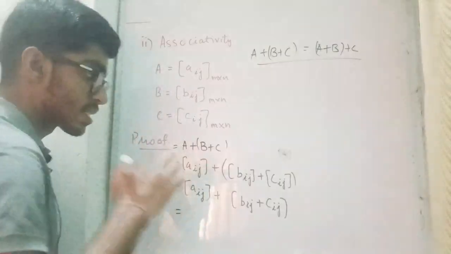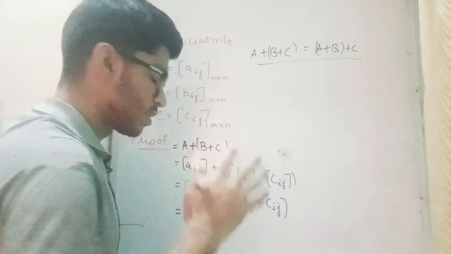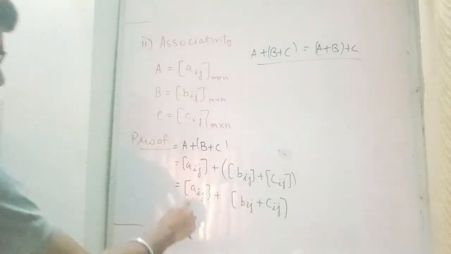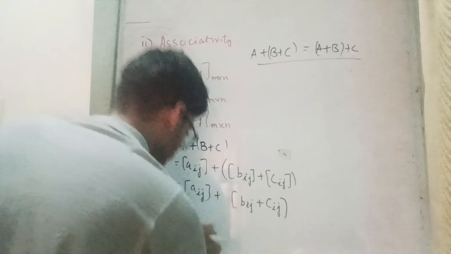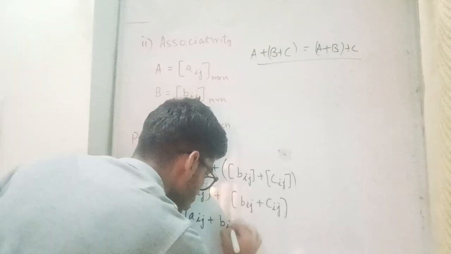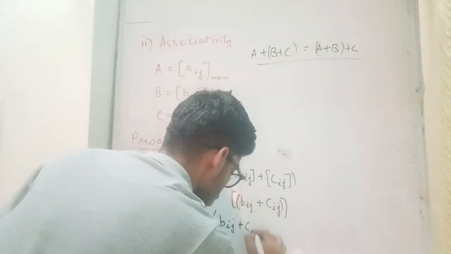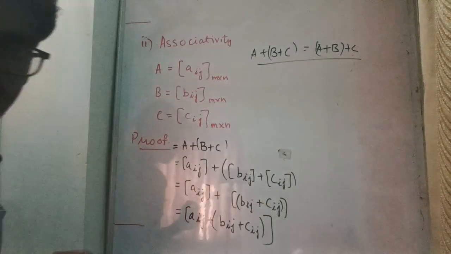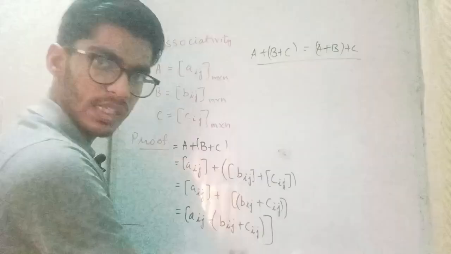And we can similarly extend this idea, that addition of two matrices is nothing but the addition of elements that occupy the same position in the two matrices, to adding A to the new matrix that we got by adding B and C. So we got our new matrix, matrix A added to B plus C.